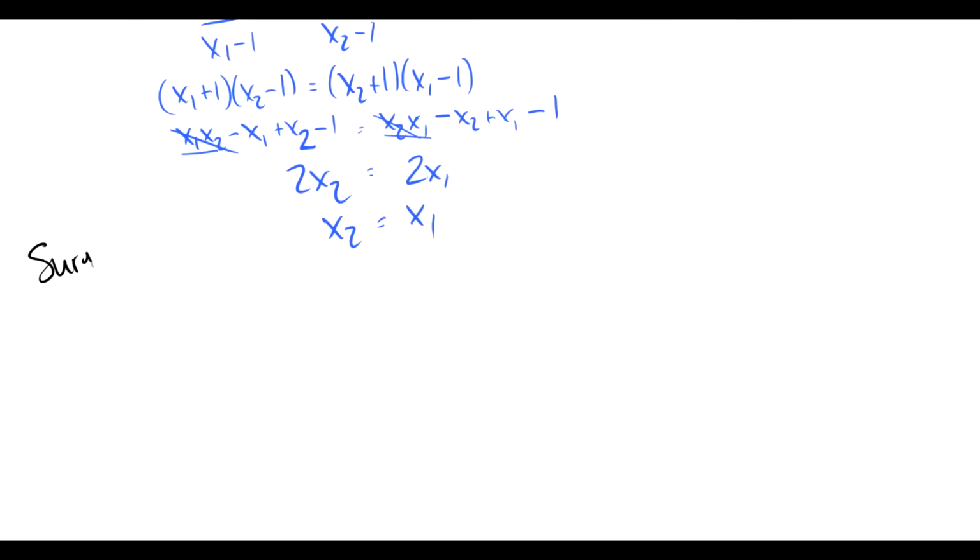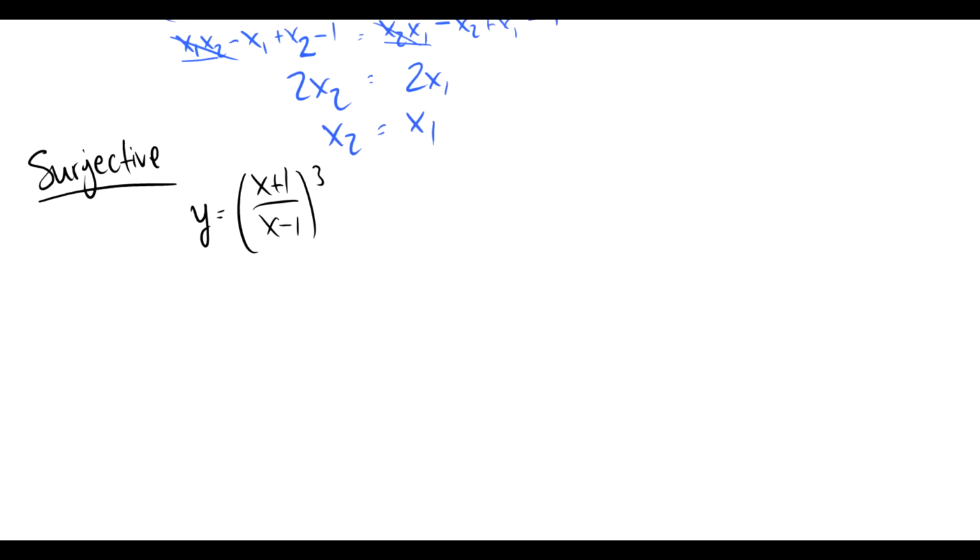Now, surjective is a little bit more difficult. Basically, we want to find an inverse. So we're going to let y equal ((x+1)/(x-1))³. And we want to make this a function of x, and it has to be in the set of real numbers. So we know that the cube root of y would be equal to (x+1)/(x-1).